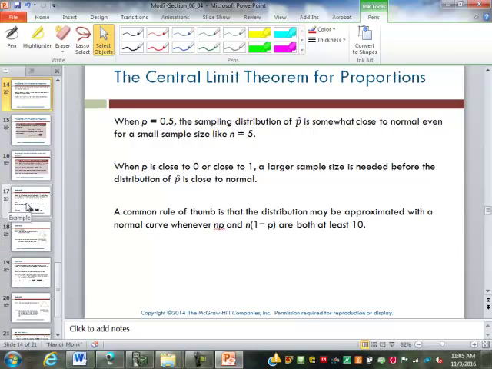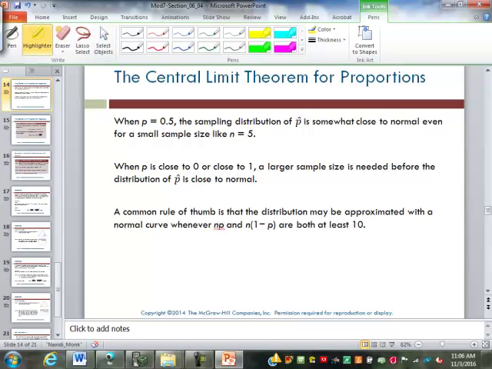Distributions of p hat are almost always normal anyway. So in this example, with p of 0.5, the sampling distribution of p hat is somewhat close to the normal, even for small samples. When p is close to 0 or close to 1, a larger sample size is needed before the distribution of p hat is close to normal.